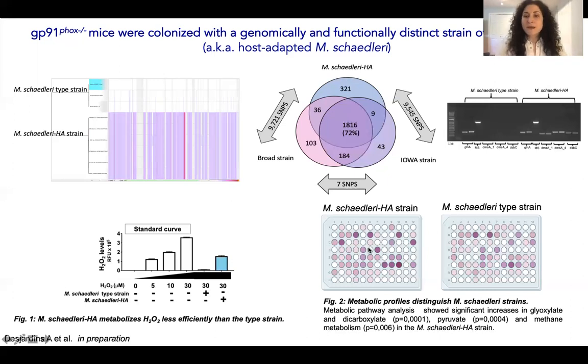We then looked at metabolic profiles between our two strains using a Biolog panel, which is a plate of several different metabolic substrates, and we observed the metabolism of each of these substrates. We found that our host-adapted M. schaedleri strain had a distinct metabolic profile, which seemed to favor increases in the glycolysis and decarboxylate pathways, the pyruvate and methane metabolism pathways.